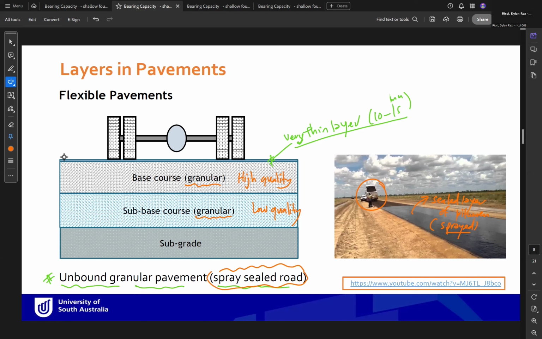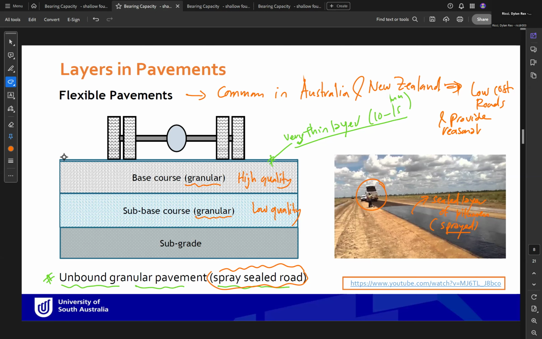This type of route is common in Australia and New Zealand because it is a low cost route and provides reasonable performance. Okay, so just have a look at the video here.